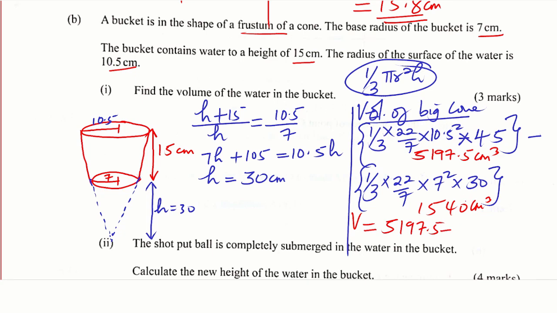Now we remain with the volume of the frustum that contains water, and this gives 297.5 minus 1540 will give 3657.5 centimeters cubed. Write it down here. So that is how we get the volume of water in the bucket.